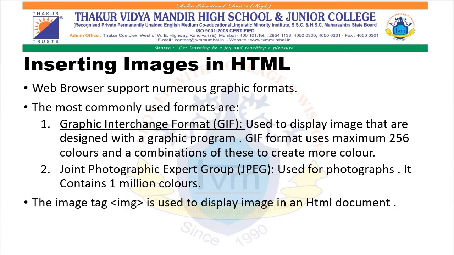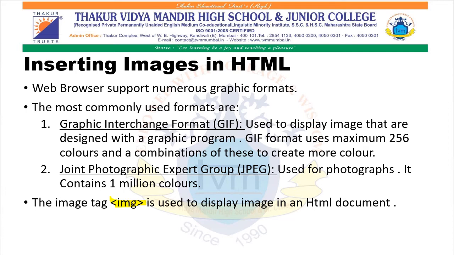To insert an image, the first thing we need is a tag that tells the HTML that we are going to insert an image. The image tag, as you see here, is used to display an image in an HTML document.